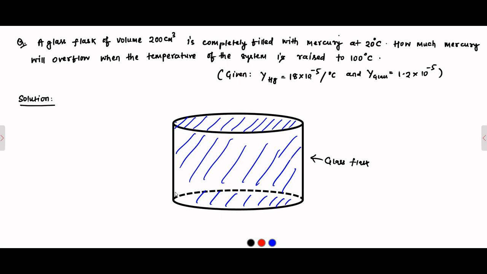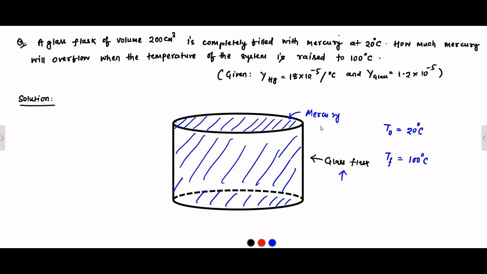Now, when the whole system is heated, that is, the temperature is raised from the initial temperature of 20 degrees Celsius to the final temperature of 100 degrees Celsius, thermal expansion will take place. Here, thermal expansion will take place in the glass flask and also in the mercury which is filled in the glass flask. Thermal expansion will happen in both of them.